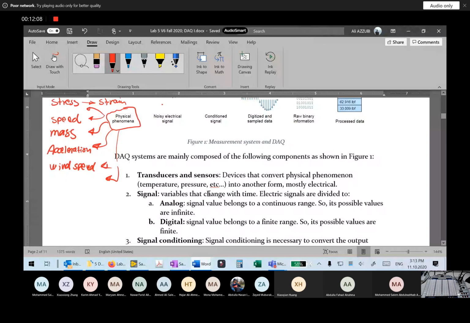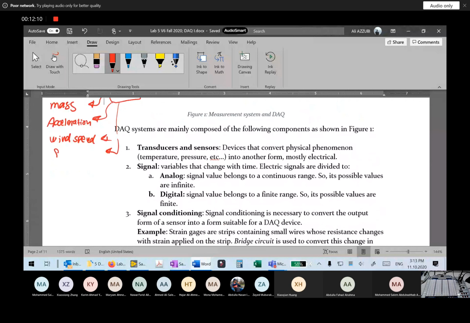You can measure flow rate, and many other things.